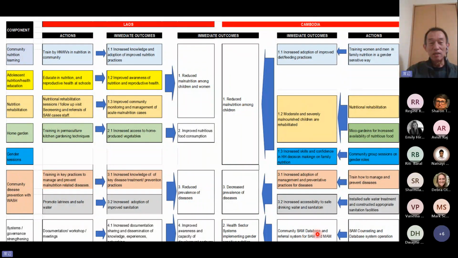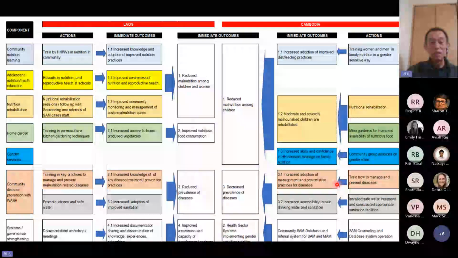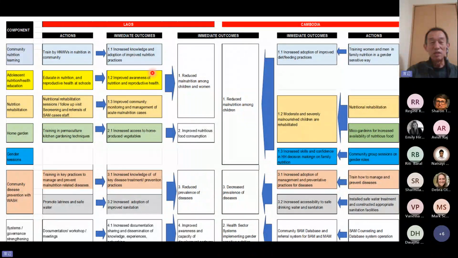So those are the illustration of the two theories of change. But again, what I want to say is the two countries are quite similar, and try to change the communities.